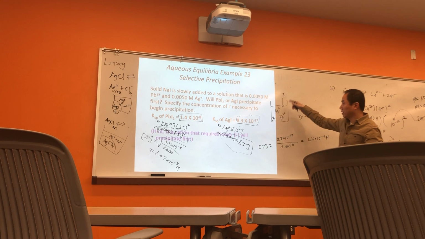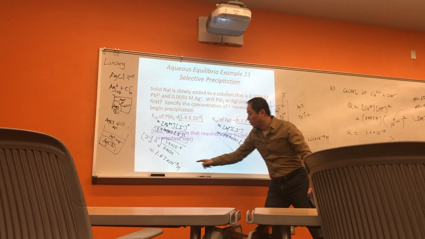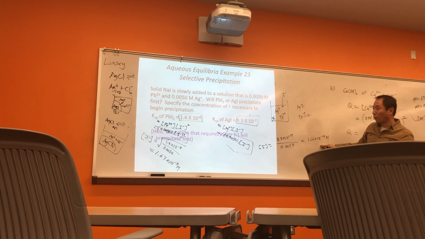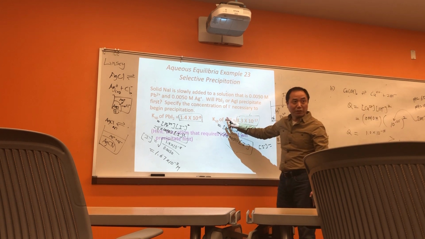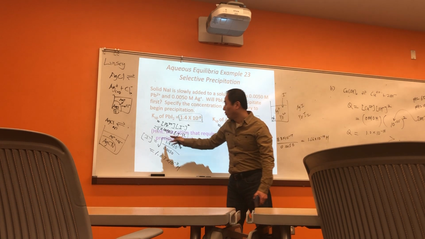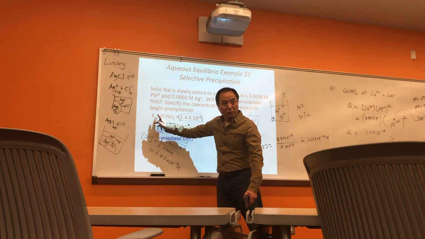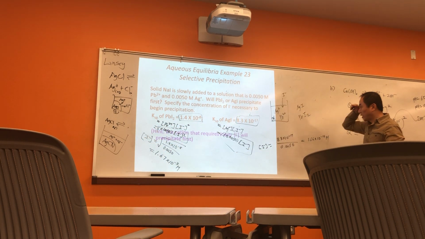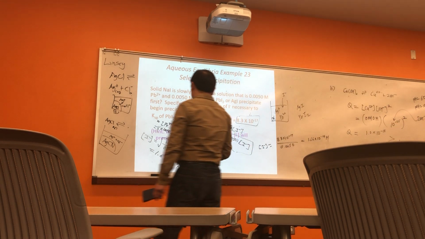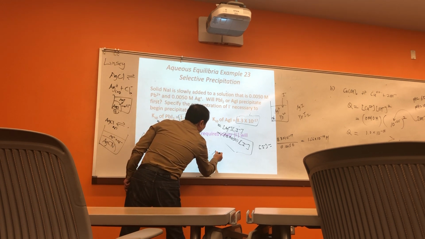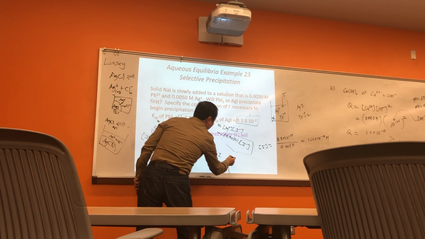Because if you keep adding, the concentration increases, which means when you pour in this much iodide, that's when you are already forming silver iodide. That concentration is not enough to form this precipitate yet. So that way, when you pour iodide, this will form first. Okay. Therefore, AgI precipitates first.